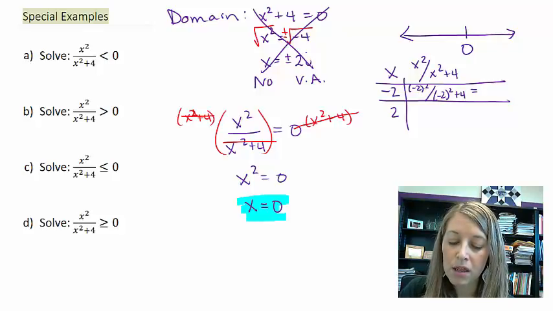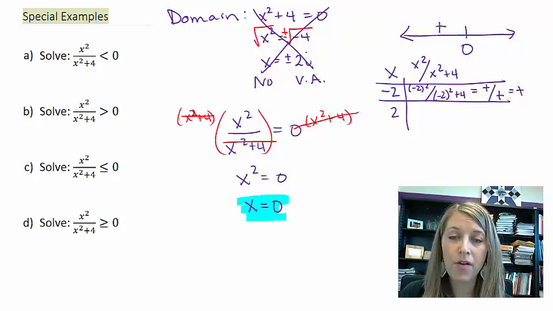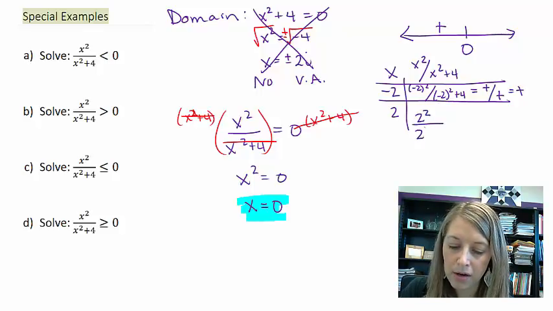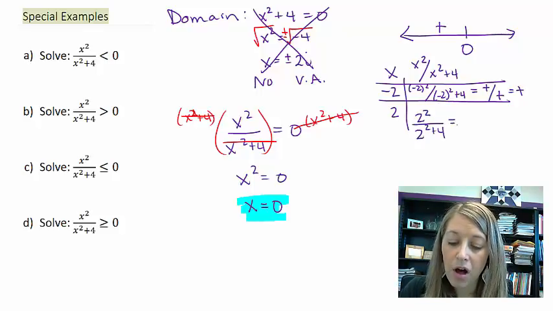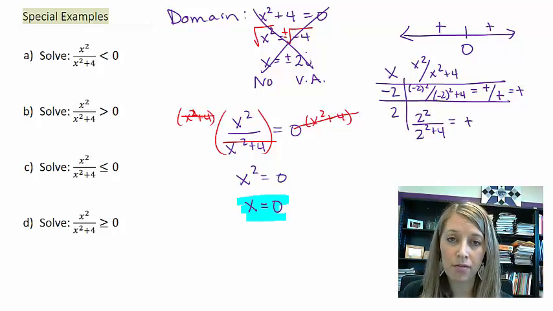Well, on the top, anything squared is positive. On the bottom, I have anything squared is positive plus a positive number, so that is going to be positive. It means it's going to be above my x-axis there.